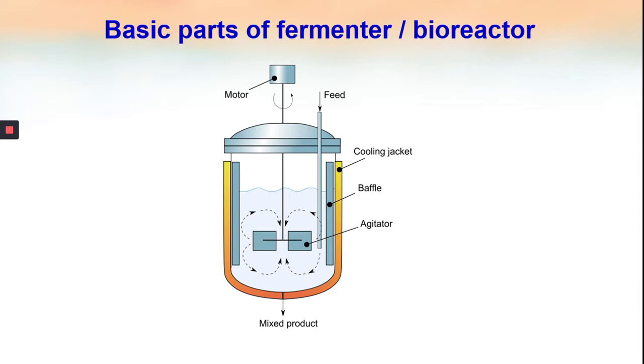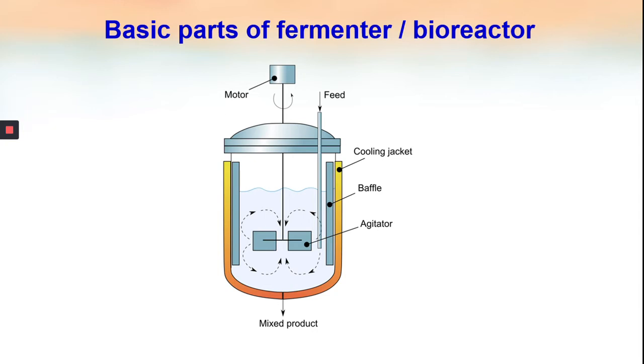The motor will control the speed of the agitator inside the tank. The function of the agitator is to ensure even distribution of the nutrient inside the medium as well as even distribution of oxygen inside the tank.